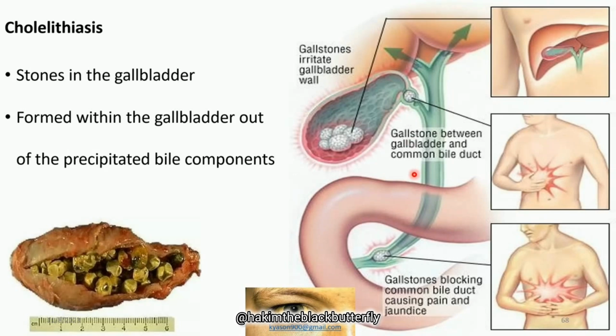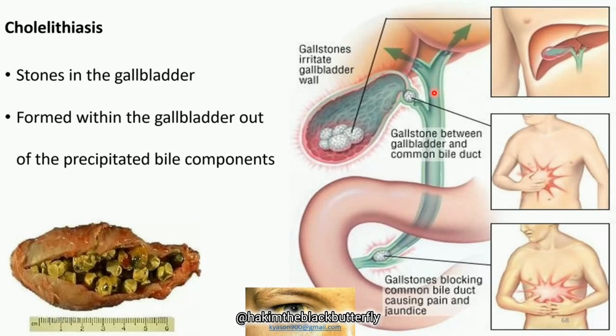We know that bile passes through the hepatic ducts, through the common hepatic, common bile duct towards the duodenum. So if there is a blockage along the path here, it can be blockage of the common hepatic, blockage of the cystic, blockage of the common bile duct.